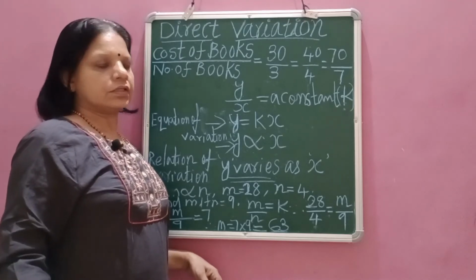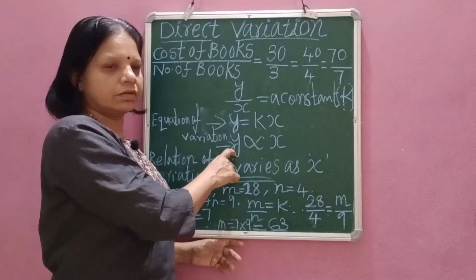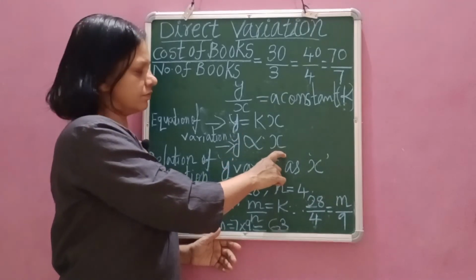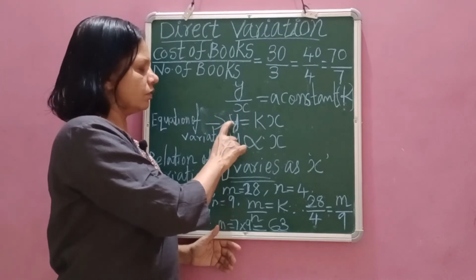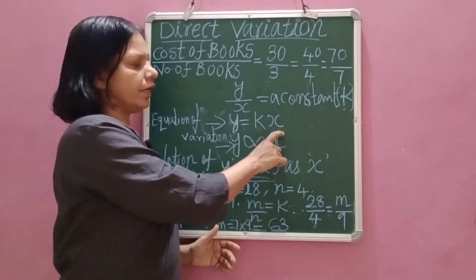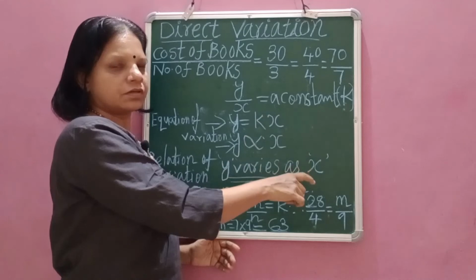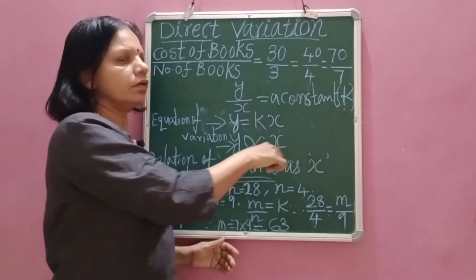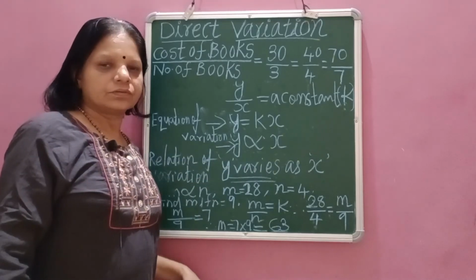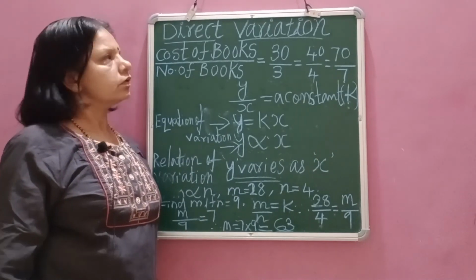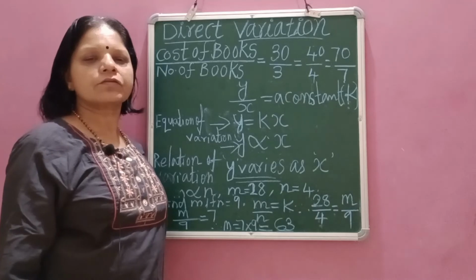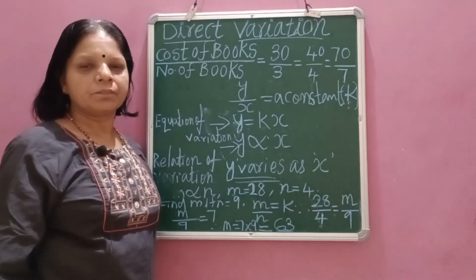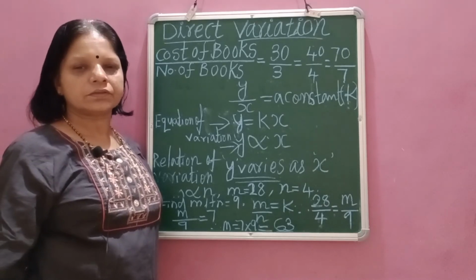And relation of variation, y varies as x, and equation of variation y equal to k into x, where k is a constant. This is obtained from the ratio y upon x is a constant. So that is all about direct variation I want to explain today. We can study another type of variation in the next class.